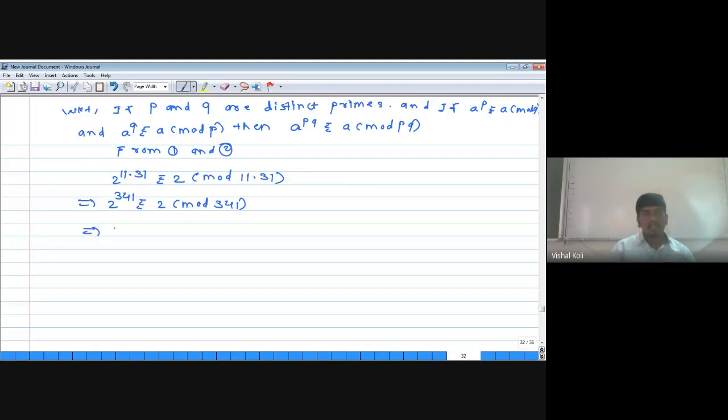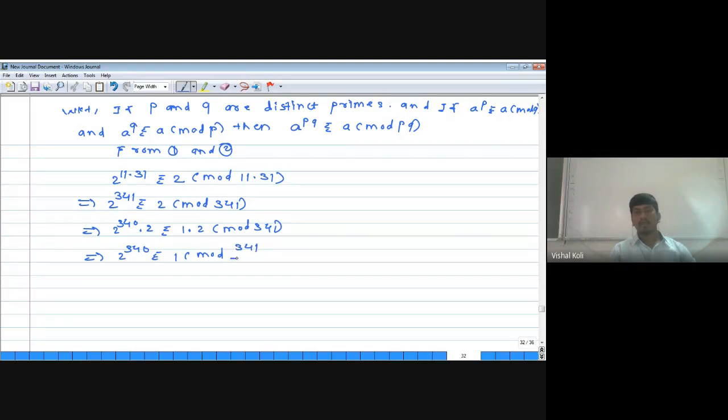Write this as 2 to the power 340 into 2 is congruent to 1 into 2 modulo 341.